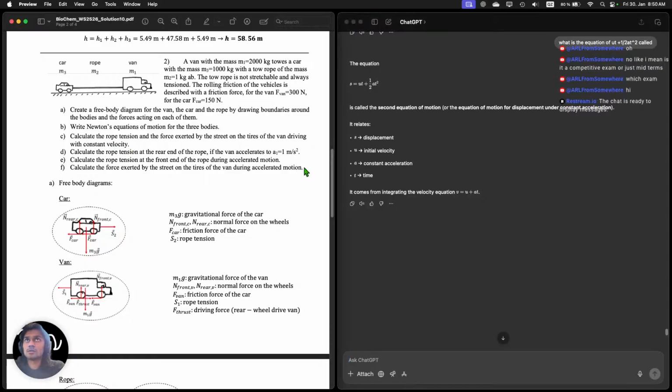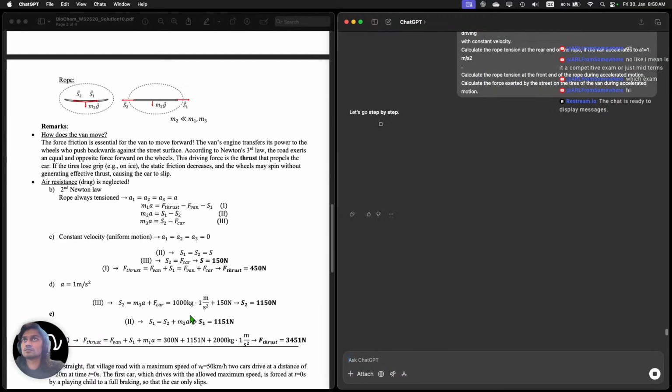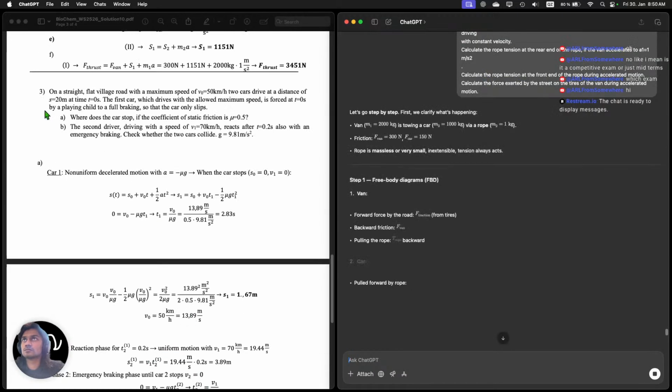Okay, let me try this. On a straight flat village road, with a maximum speed of 50, two cars drive at a distance of blah blah blah.